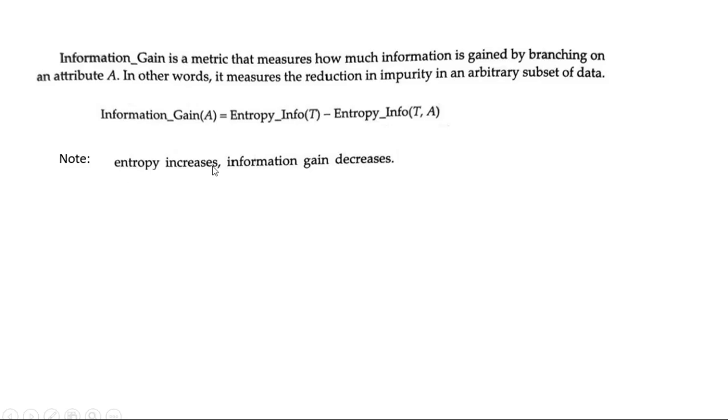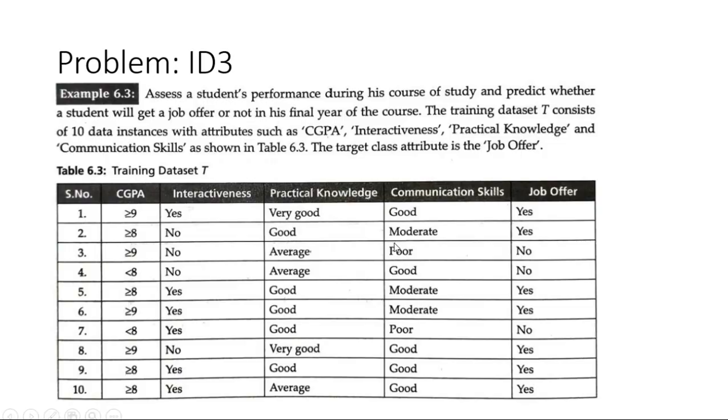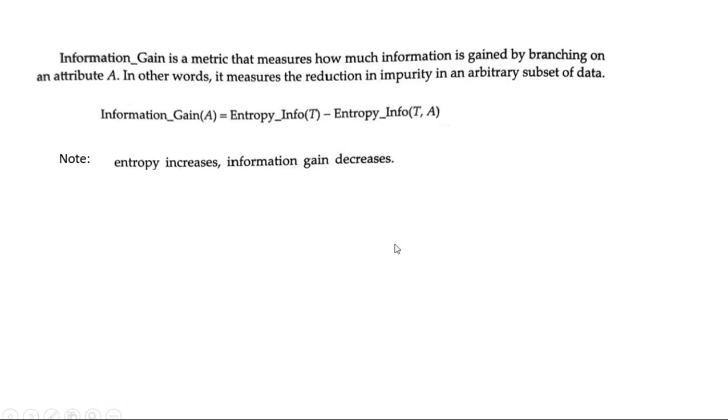If the entropy increases, the gain decreases. This you need to remember. Now I will choose my root node or my next best attribute based upon this value. The attribute which has the minimum entropy or the maximum gain would be chosen as the best attribute.